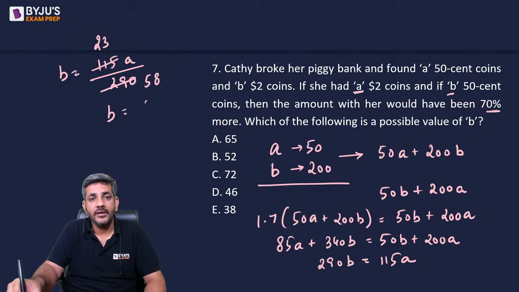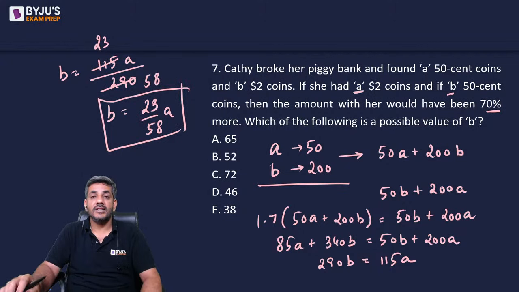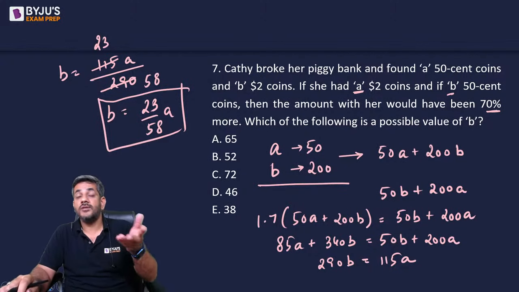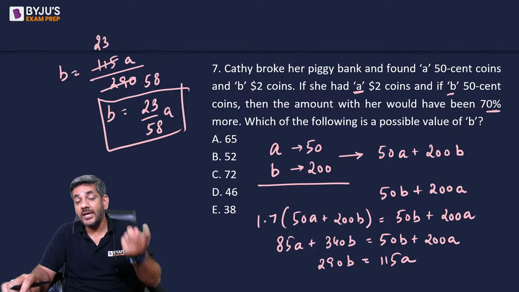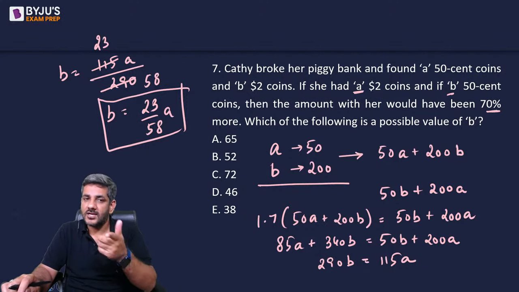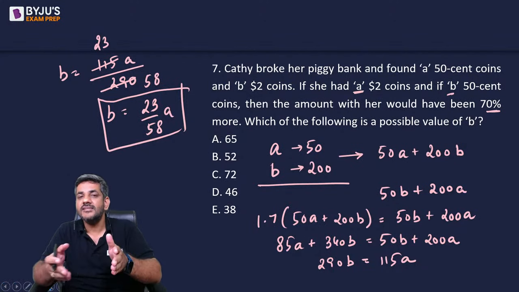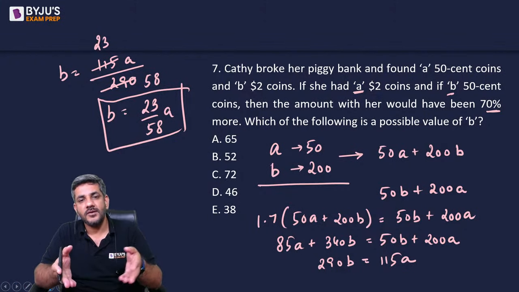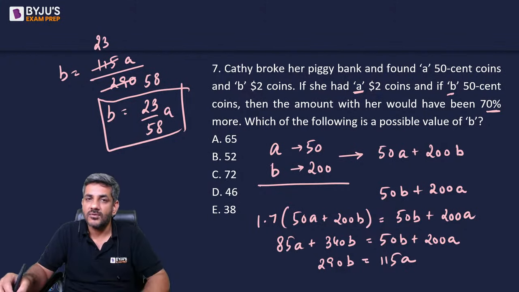I can say B is 23 by 58 times A. And this expression tells me A must be a multiple of 58, otherwise B would be a fraction. And B must be a multiple of 23, otherwise A would be a fraction, because A is 58 by 23 B, right? So B should be a multiple of 23 and A should be a multiple of 58.